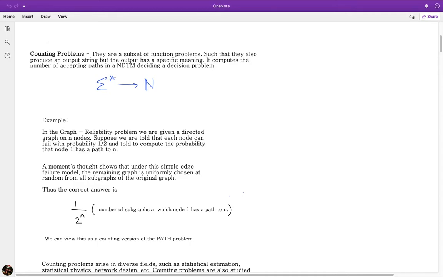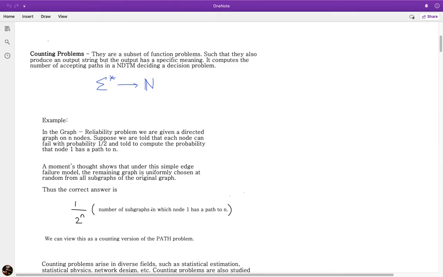In such areas you can often write a mathematical formula. For example, if you are trying to find the number of ways of arranging 5 balls, then you have a simple mathematical formula for it. So it is solvable in that sense. But as we will see ahead, a lot of natural counting problems are not easy to solve, and they do not have a simple mathematical formula.